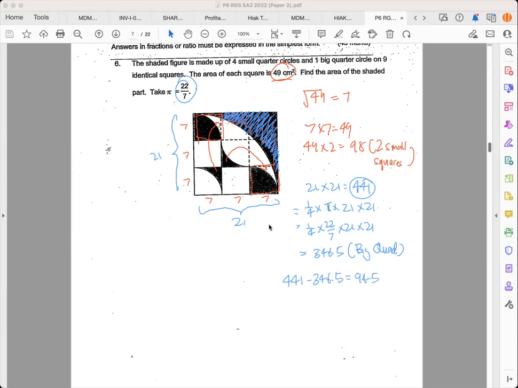So this is the big boomerang. The big boomerang plus the two small squares will be the area of the shaded region. Okay, good. Let's continue with question number 7.